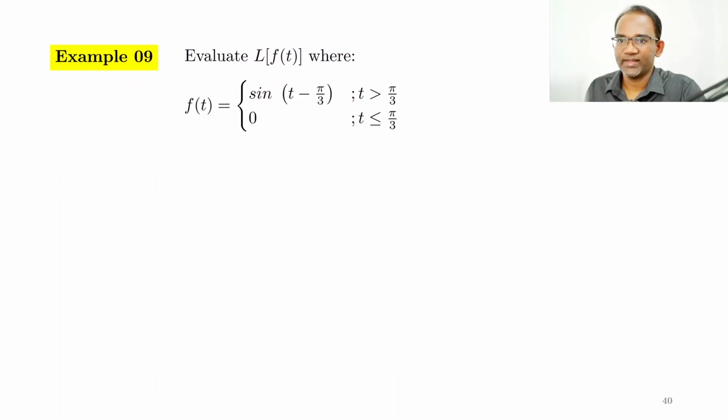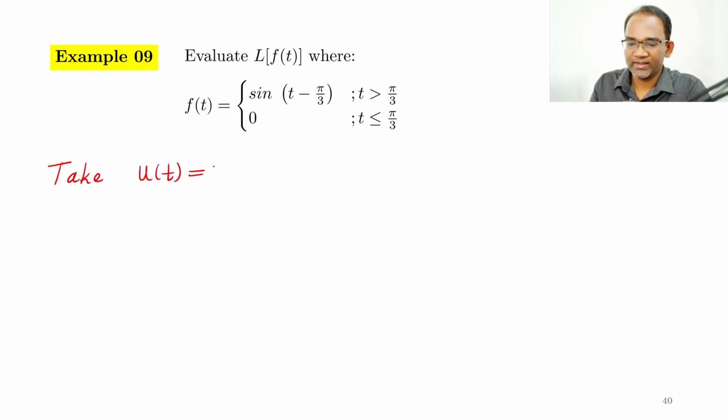And using this theorem, let us try to evaluate the Laplace transform of the function f(t), which is defined to be sine (t minus pi by 3) for t greater than pi by 3 and is equal to 0 for t less than or equal to pi by 3. To do this, let us take u(t) as equal to sine t.